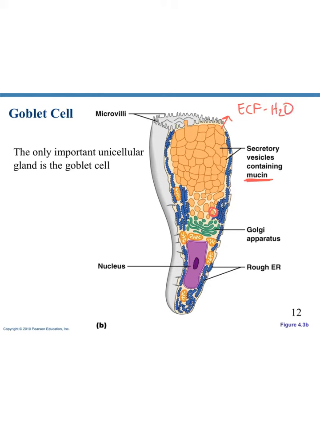So when the mucin mixes with water, it becomes mucus. We, of course, find goblet cells in the respiratory tract between the pseudostratified ciliated columnar cells, as well as between simple columnar cells within the digestive tract, stomach, small or large intestines.